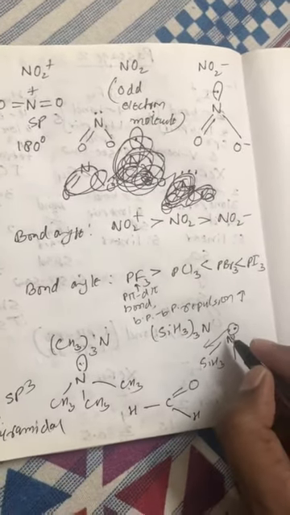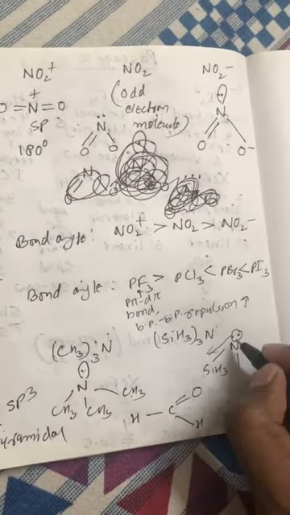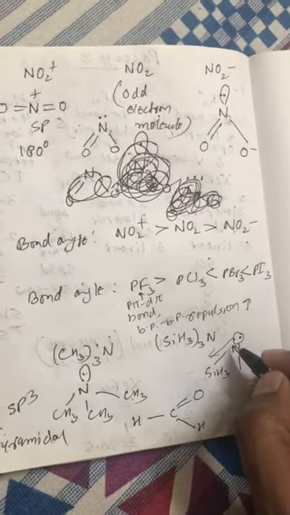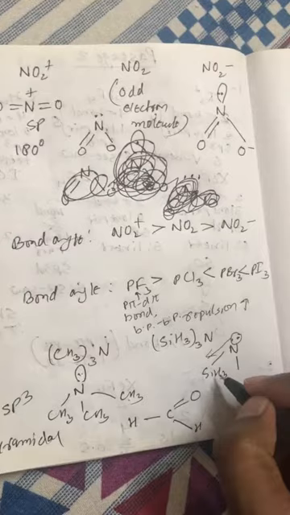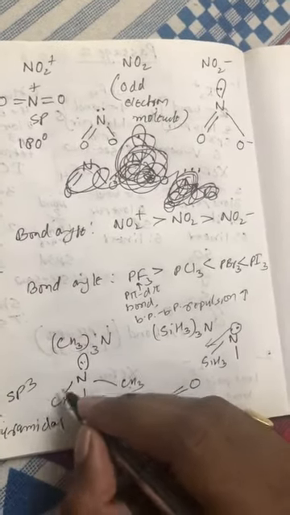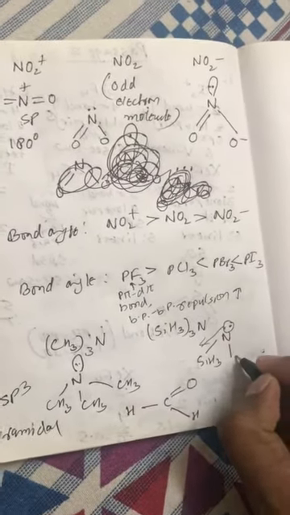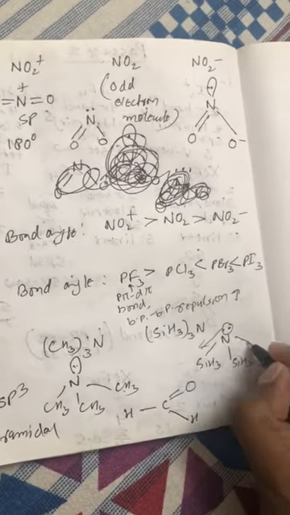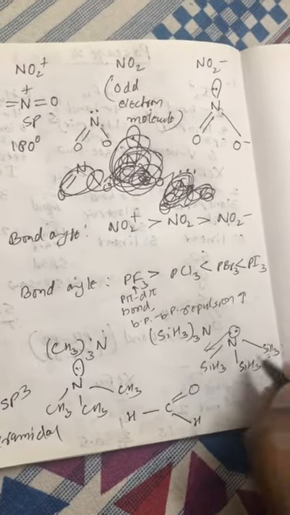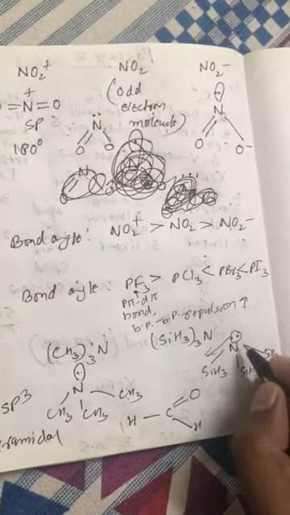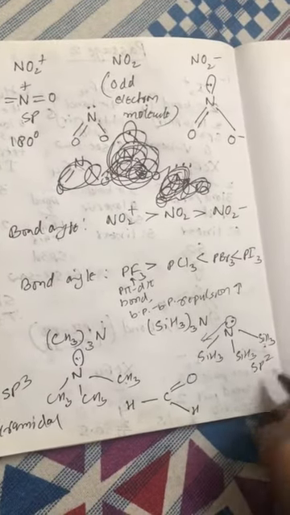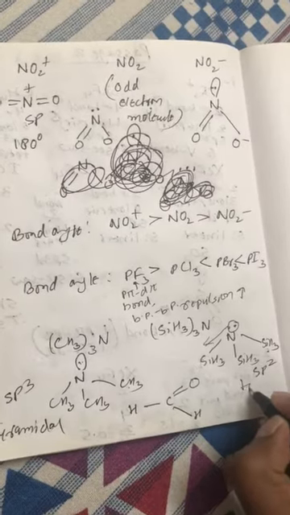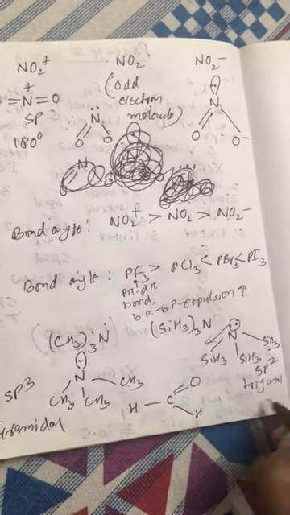Now double bond or back bonding happens because of vacant d orbital of Si, which is not possible in the case of carbon. Now here, because of back bonding, we do not have any lone pair on nitrogen, so hybridization will be sp2 and it will be trigonal planar.